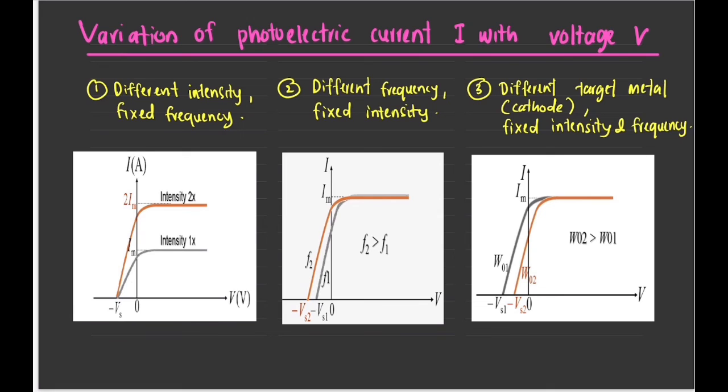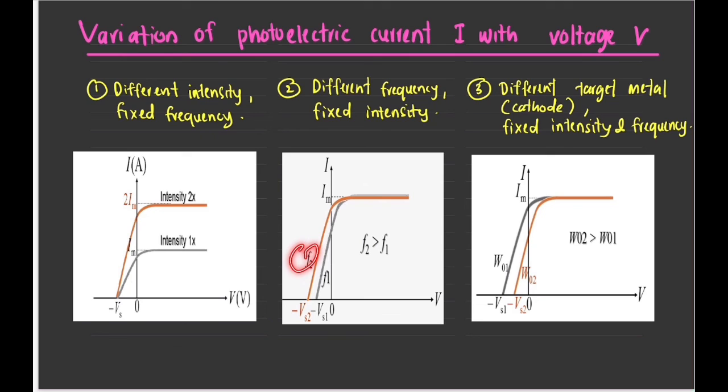The second one is for light of different frequencies but the intensity is fixed. The current depends on the intensity. Since intensity is fixed, the saturated current remains unchanged. As shown here, the maximum kinetic energy increases linearly with frequency of light.